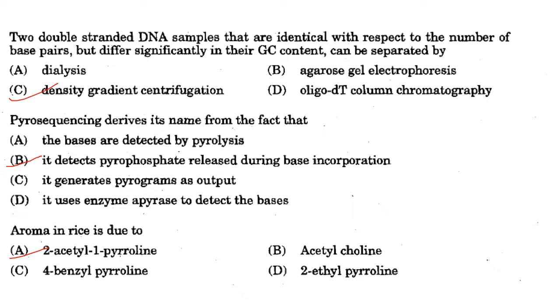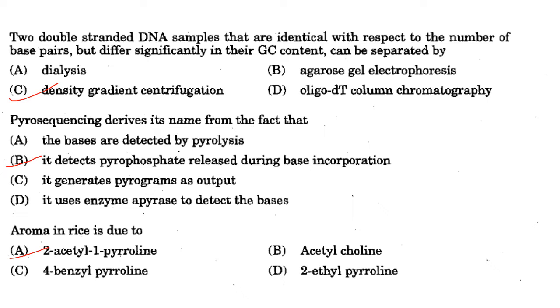The largest class of particle forms a pellet and settles at the bottom of the centrifuge tube, leaving the smaller sized structures within the supernatant. So the two DNA samples differ in their GC content. The one with more GC content will settle at the bottom, and the one having lesser GC content will be found in the supernatant. So the answer is option C.